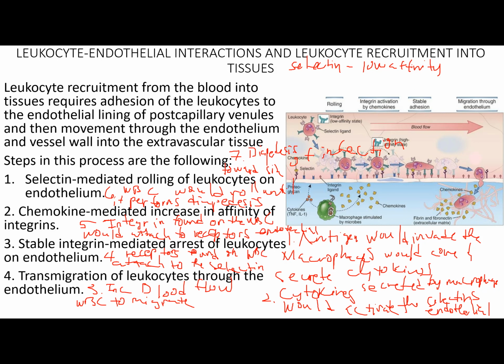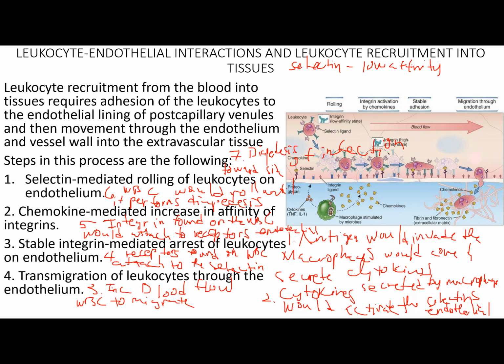So, ulitin ko. Number 1, class, when an antigen would invade the body, macrophages would come and secrete cytokines. Now, the cytokines secreted by the macrophage would activate the selectins on the endothelial cell. The next thing that would occur, that would increase blood flow, causing your WBC to migrate.